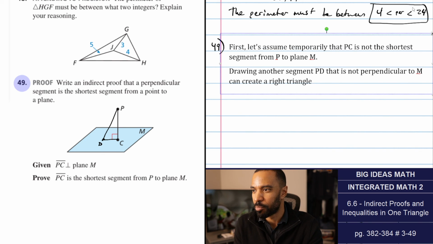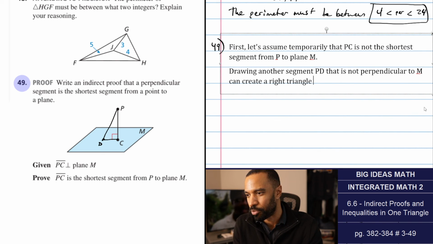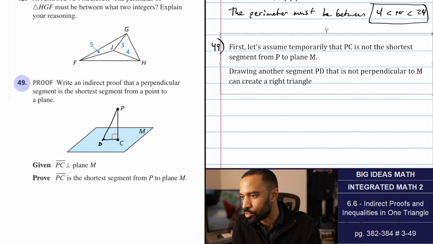And I'll use that triangle symbol that I had before. I don't know if this is the way that you do the proof, but it's going to work out for me because we get to use exactly what we were talking about before.